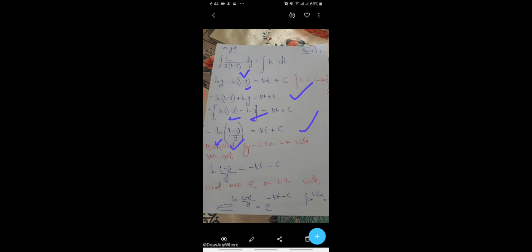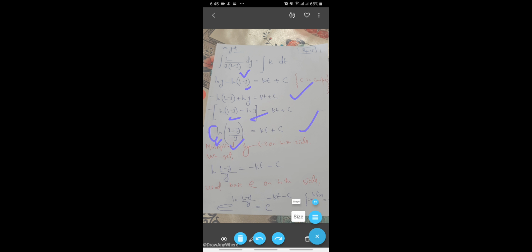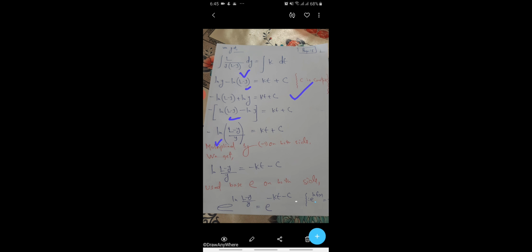Now we have this minus, you see, this is minus. So I will multiply by minus on both sides so that it becomes positive. So this becomes positive and this becomes negative and this becomes negative. And now what we have to do is find the value of y, removing ln.